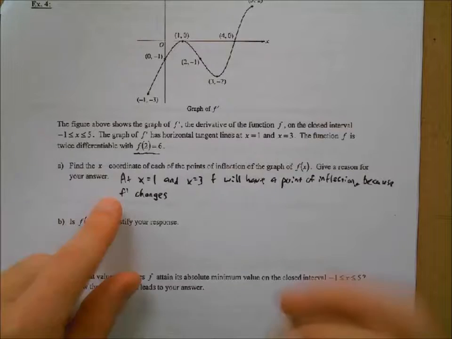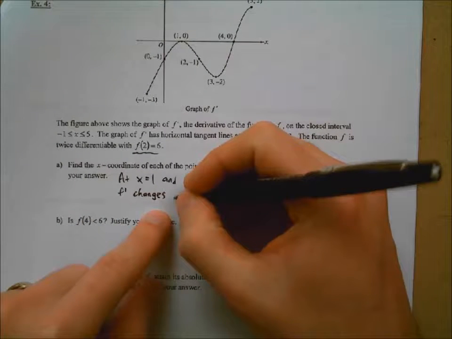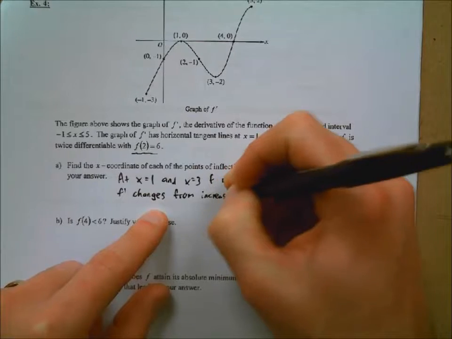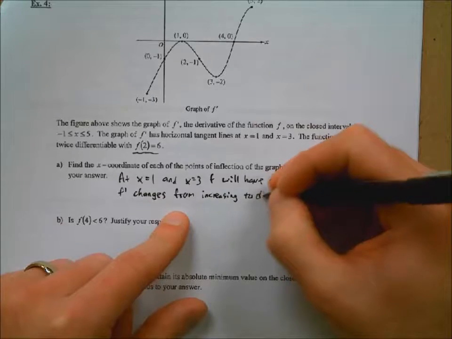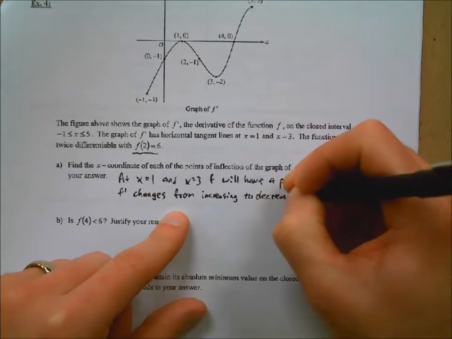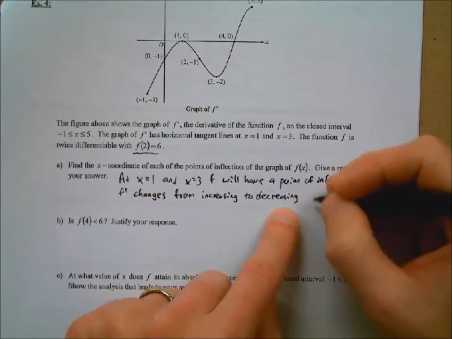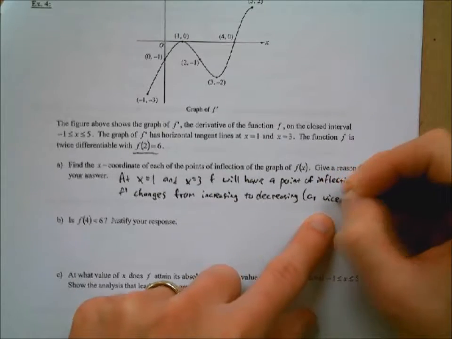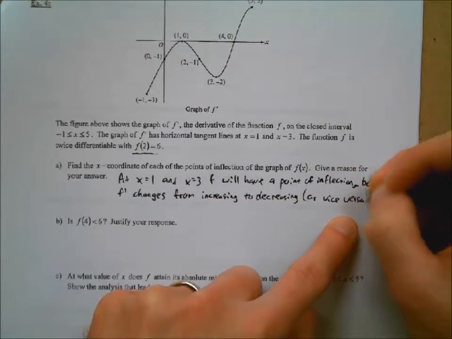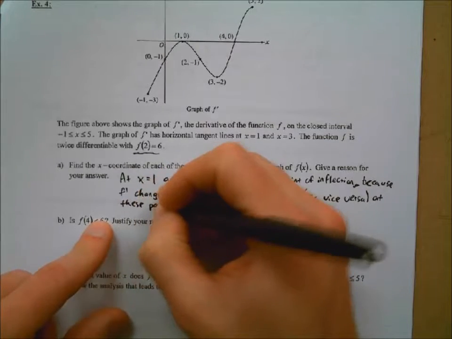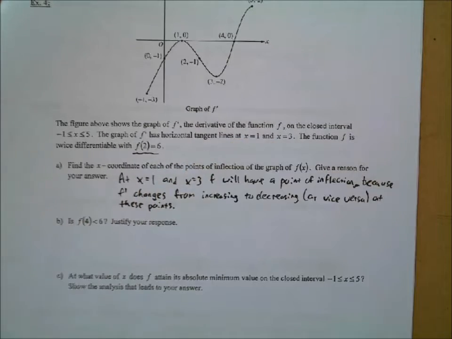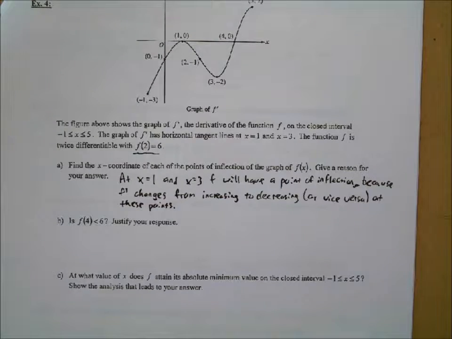Well, f prime is changing. f prime changes from increasing to decreasing, or vice versa, or decreasing to increasing if you want to be more complete and not use vice versa, at these points. Okay? And I think that's sufficient. I do think that is sufficient there. That's all we really need to say.